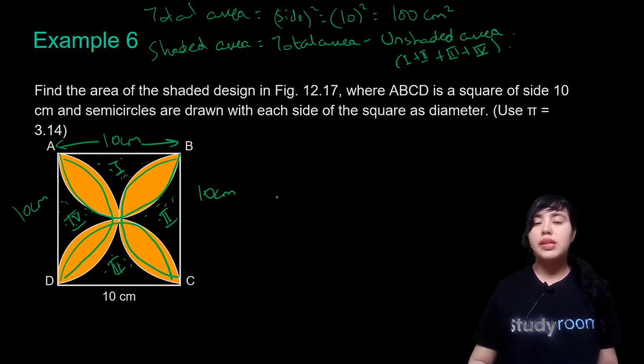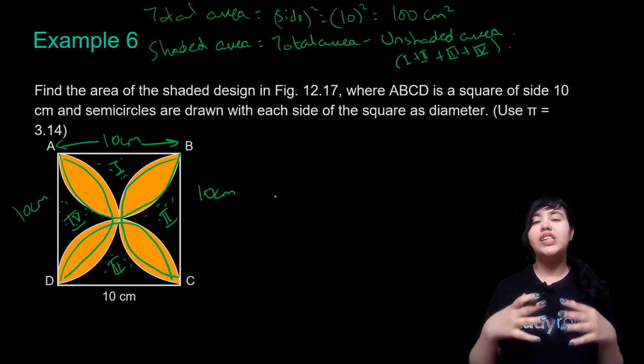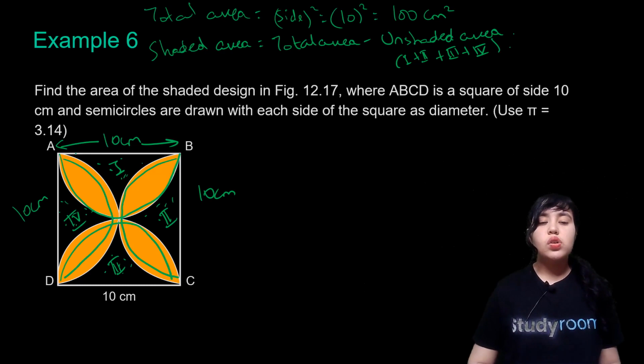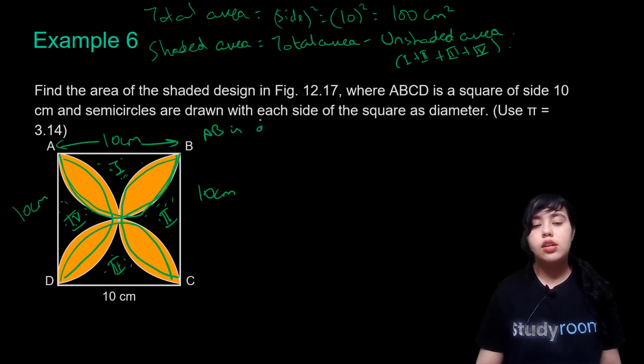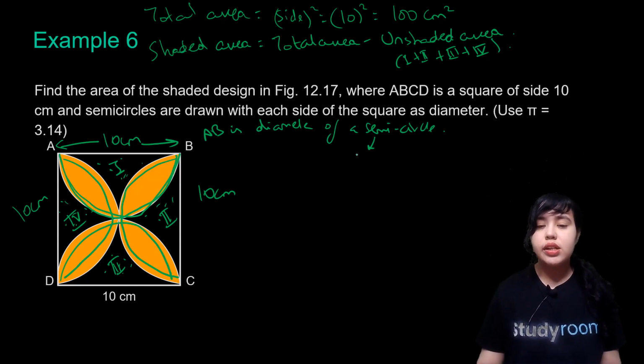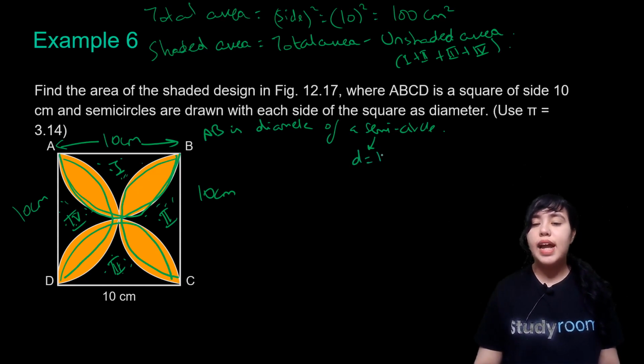So now if it is a semicircle, by semi we mean half. That means it's half of a circle. So this is the diameter of my semicircle. If you notice this semicircle, AB is the diameter, that is 10 centimeters.